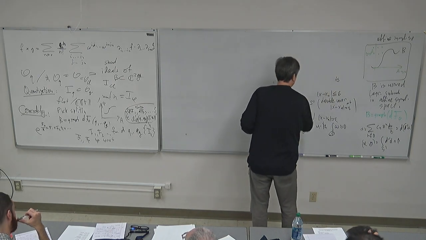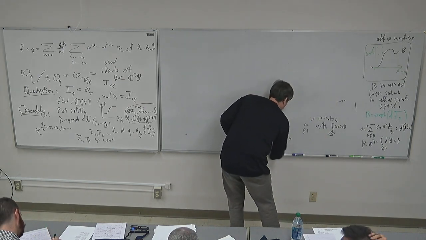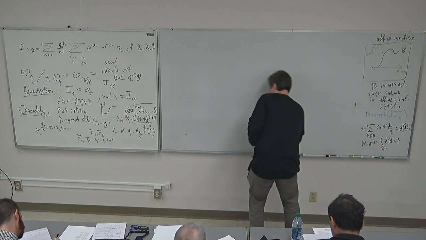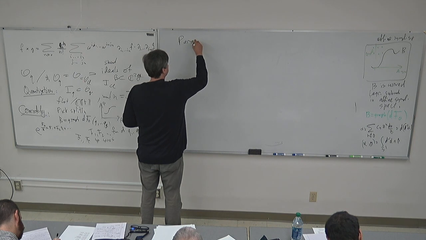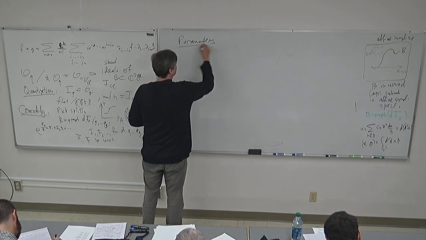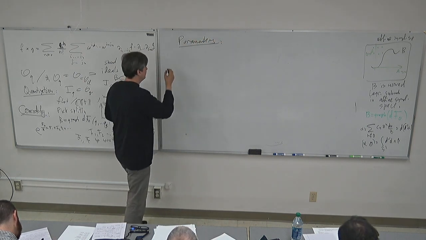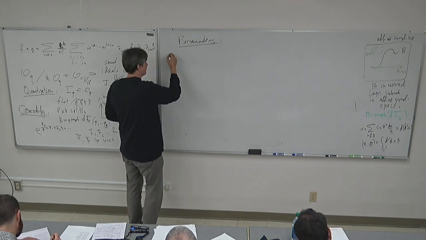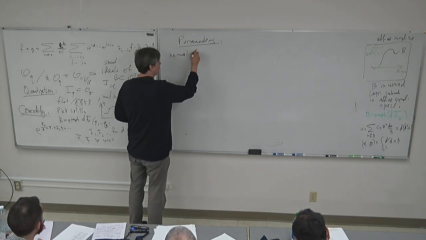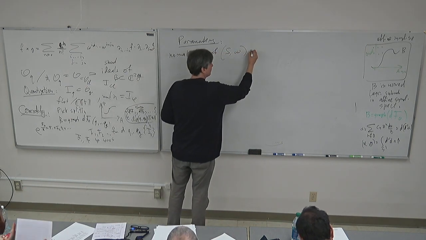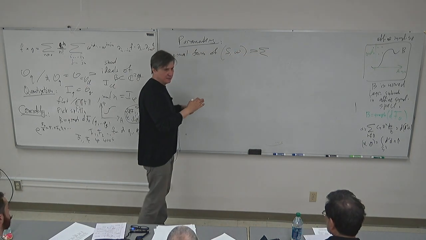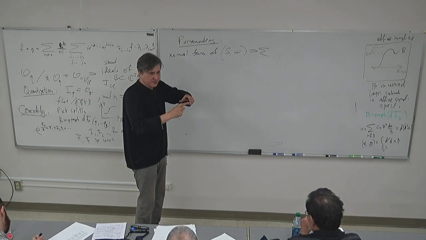So there are a couple of things to say here. Parameters: if you want to see what the parameters are, what a normal form is, and how the normal form parameters of S omega containing your surface sigma behave, you consider deformation theory.